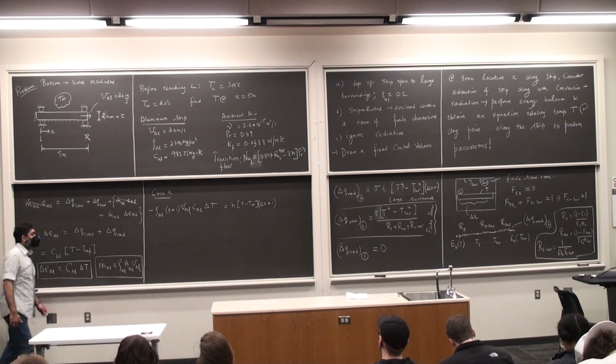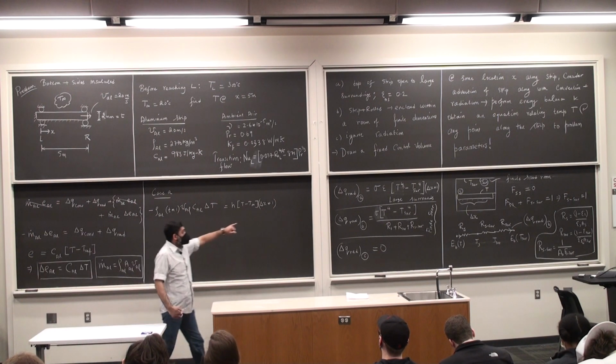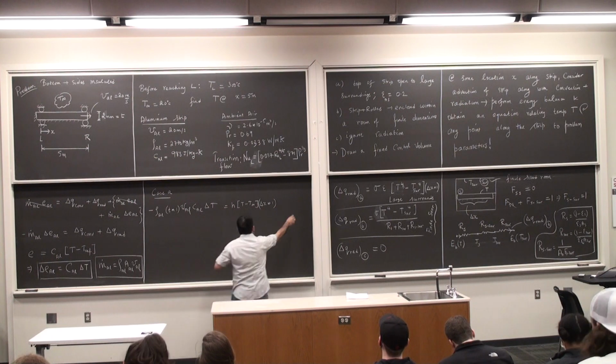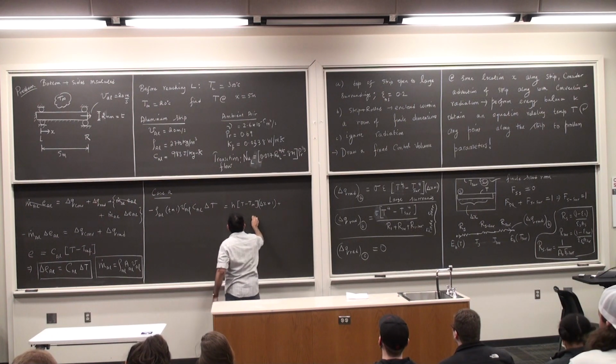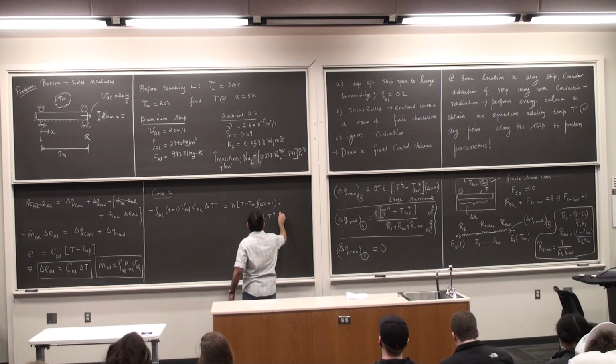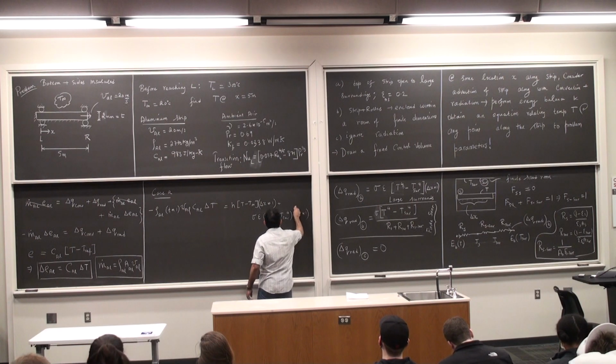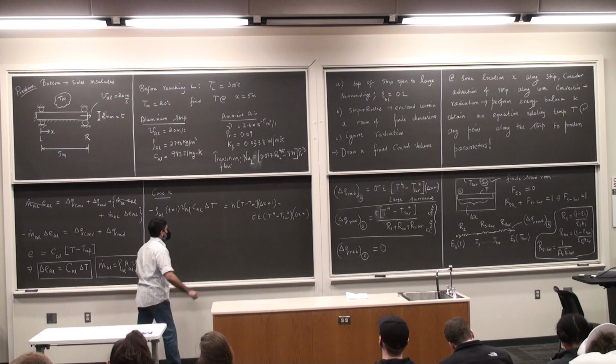This was the area. Then I have delta Q radiation from the first part. So this is plus sigma epsilon, T to the power 4 minus T surrounding to the power 4, delta x times 1.